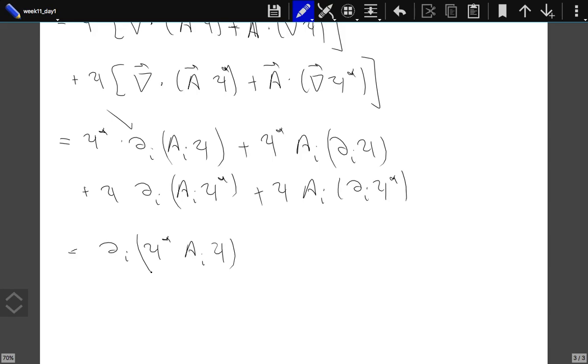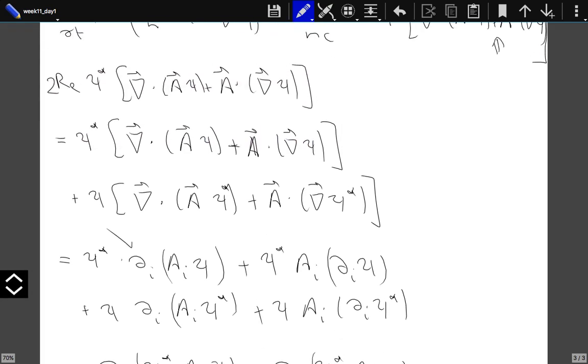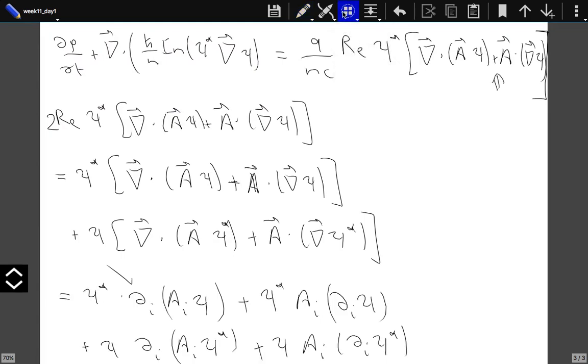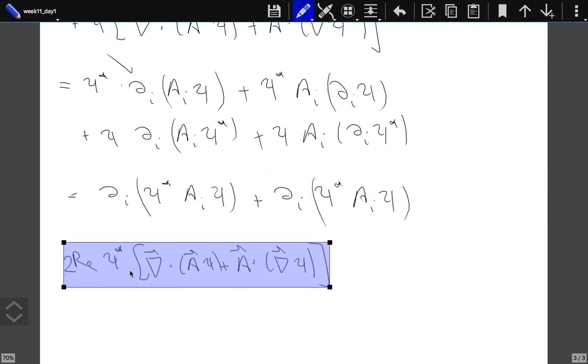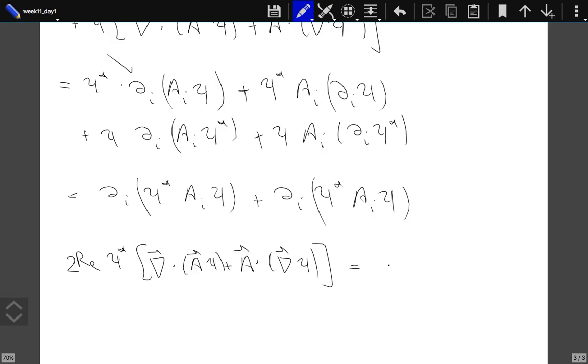And the second term plus the third term is also del i of psi star A_i psi. So we started by calculating this expression, and this is nothing but twice the divergence of psi star A psi.